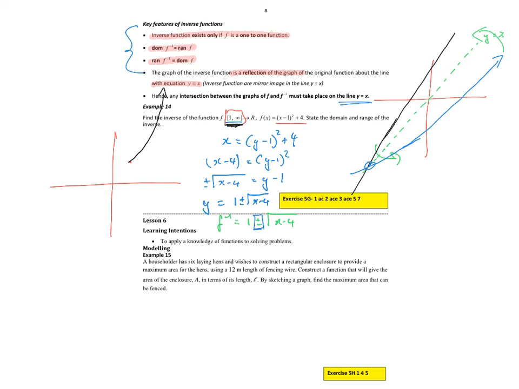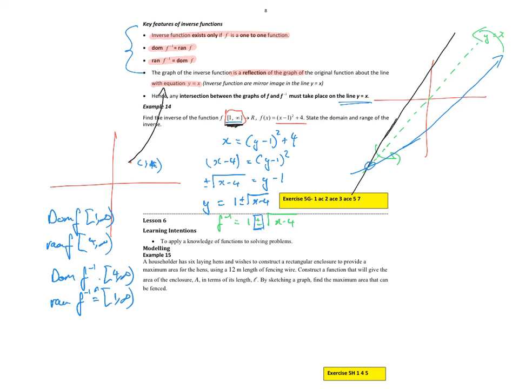All right, so let's talk about our domain and range. The domain of my original function I've been given as 1 to infinity. The range of my original function, what was that point? That point was (1, 4), so the range is from 4 to infinity. So that means the domain of the inverse function is from 4 to infinity, and the range of the inverse function is from 1 to infinity.